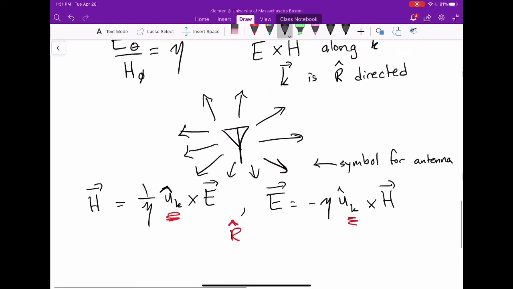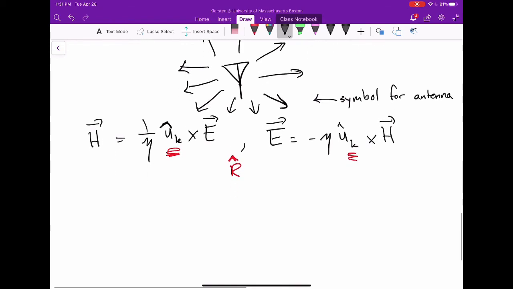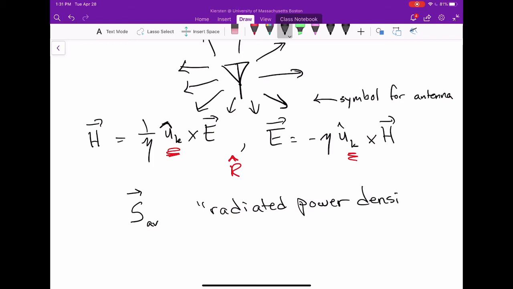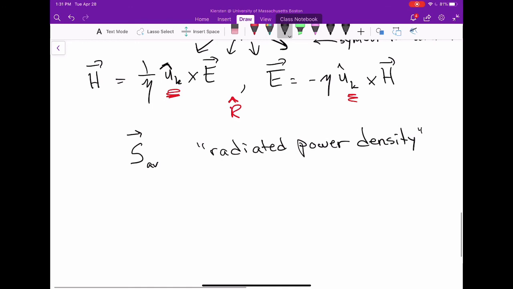I've got one more thing to talk about with the Poynting vector and radiated power. When we're talking about antennas, the Poynting vector is also called the radiated power density. And in general, for every antenna, the Poynting vector has a particular form, and it's because the electric field always has a particular form, right?